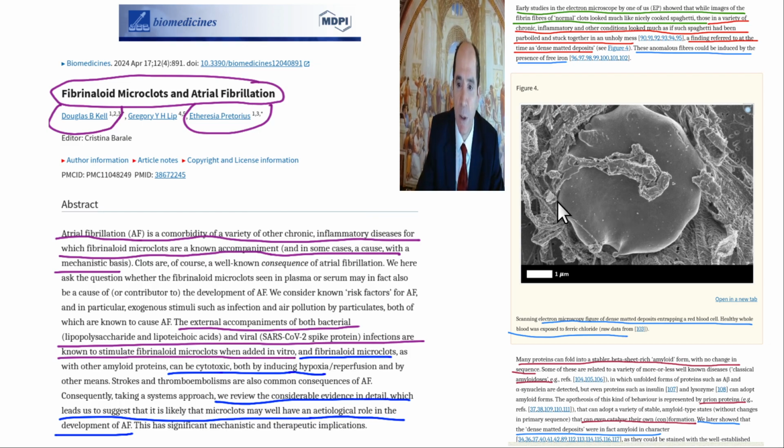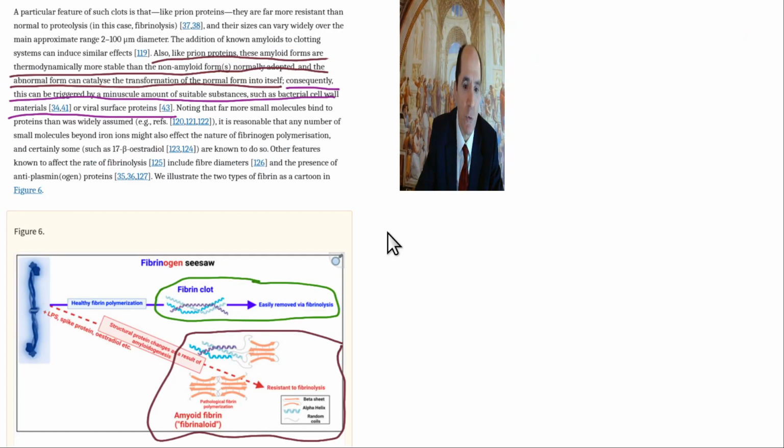Okay, so anyways, here's a red blood cell, and here's the irregular dense matted deposits. Here's a drawing from the paper by Douglas Kell and Etheresia Pretorius from 2024. This is showing a normal fibrin clot where, again, it's like pieces of spaghetti laid over each other, very easily removed by fibrinolysis, okay? But when you get these beta pleated sheets, they stack up to cause these giant molecules that then have an irregular shape when looked at with electron microscope, and that's called amyloid clotting or fibrinoid clotting.